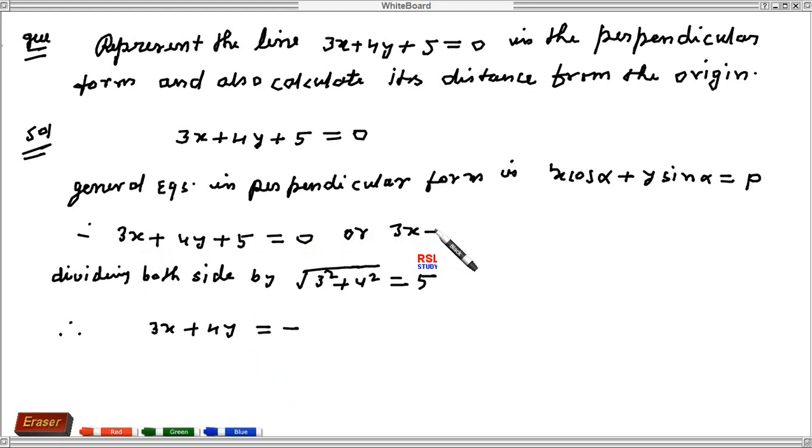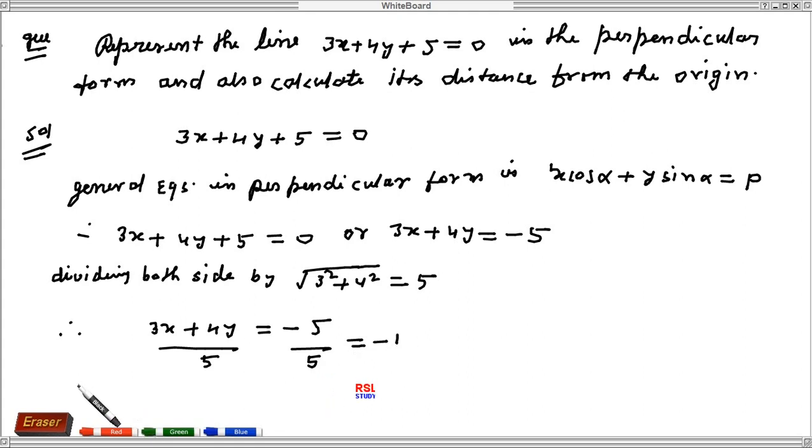This can also be written as 3x plus 4y minus 5. We will divide by 5 on both sides, so this finally results in minus 1, since 5 divided by 5 is minus 1. So 3 by 5 x plus 4 by 5 y will be minus 1.